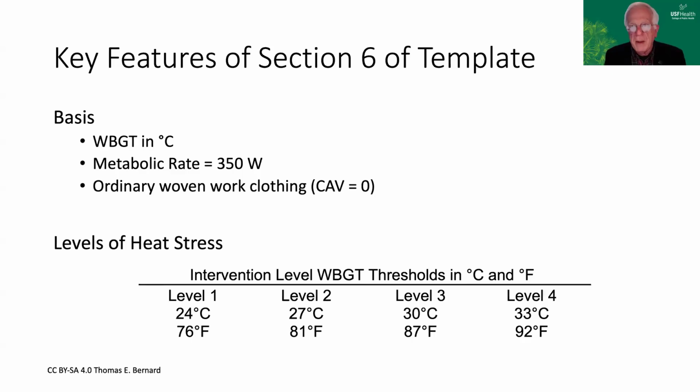I assume a metabolic rate of 350 watts, which is a little bit above moderate. So I think this is going to include most jobs that I've ever seen. And assume ordinary woven work clothing. So that's the basis of the template.